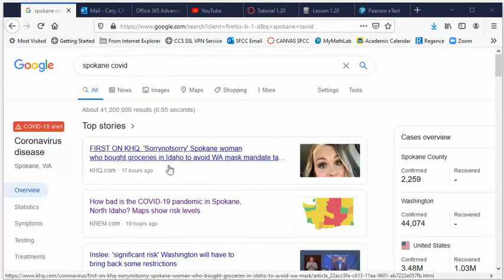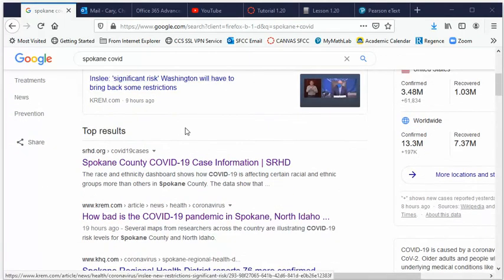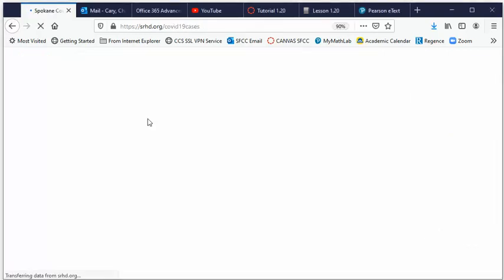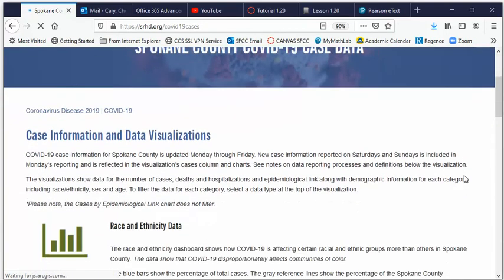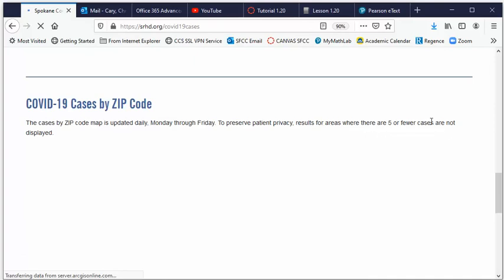Every day I go to Google and I type in Spokane COVID, and then I come down to this first result here from srhd.org. I click on that, and it gives us some information about what's happening. It takes a second to load here.